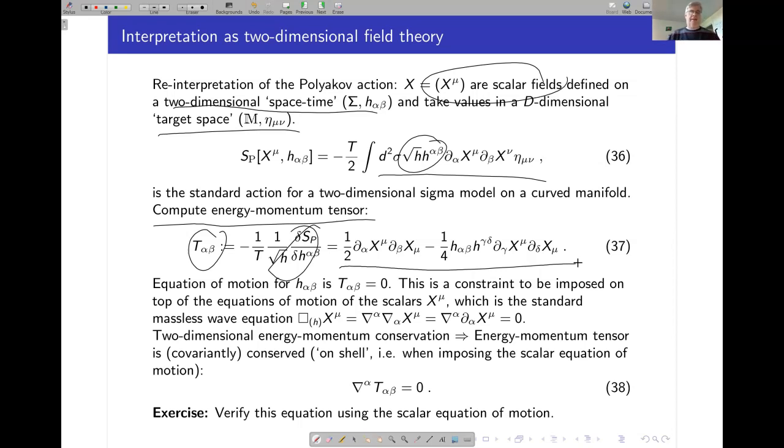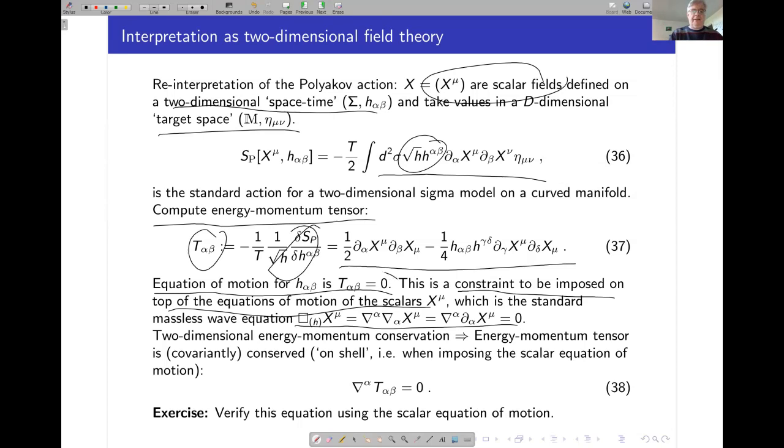Now, coming back to our string theory point of view, of course, the equation of motion for H alpha beta is then T alpha beta equal to 0. This is, and we are encountering this again, a constraint which we need to impose on top of the field equations, which in our case is the two-dimensional wave equation with the metric H. Good.